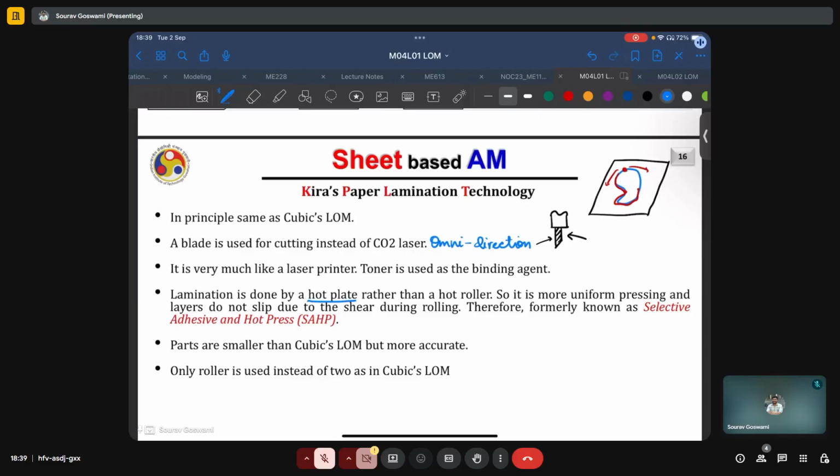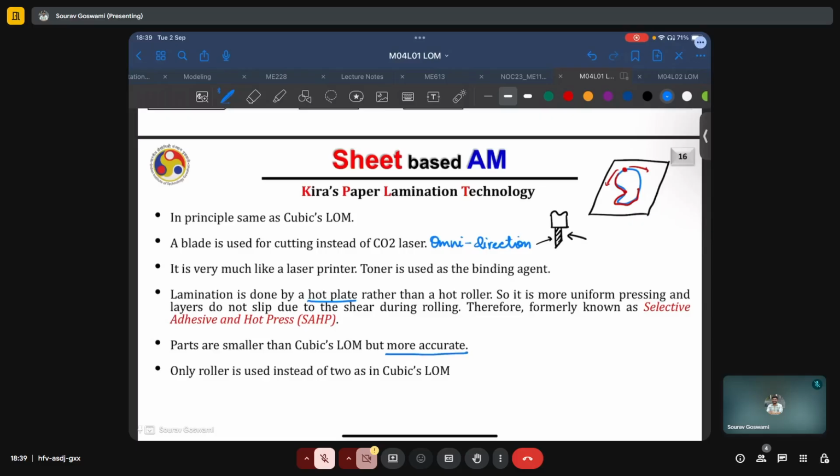Because of the use of a plate, which affects this lamination over the entire surface area at once, the pressing is more uniform, and the layers do not slip due to the sort of shear which occurs during rolling. And therefore, one of the previous names for this process was actually selective adhesive and hot press or SAHP. Typically, the part sizes are smaller than Cubic's LOM, but then they are also more accurate.